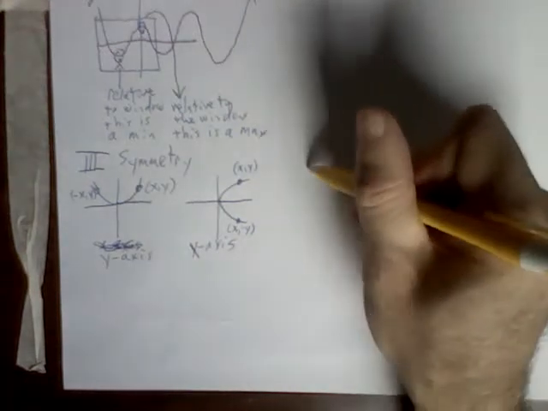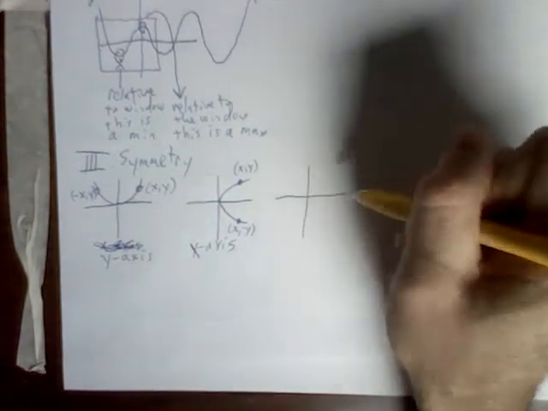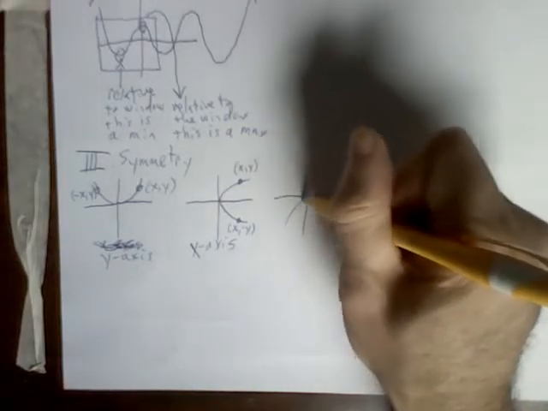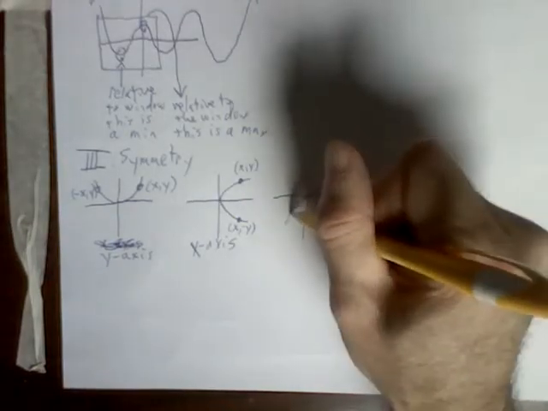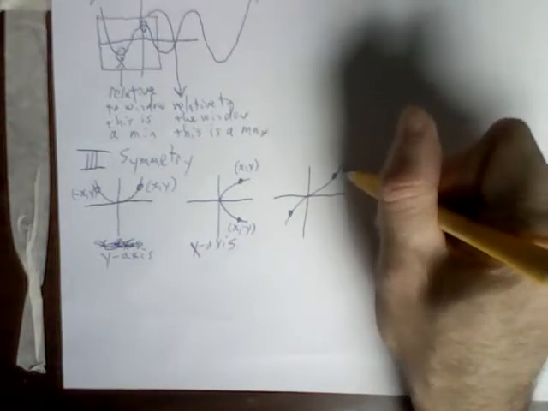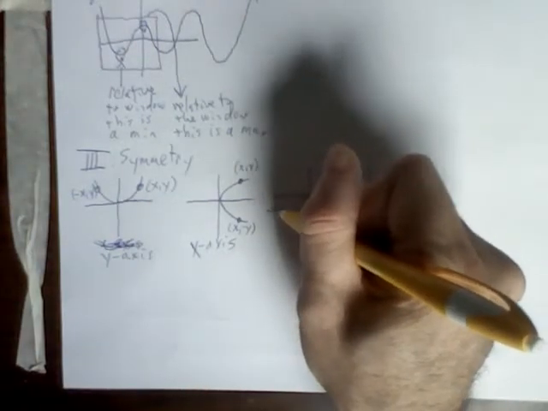And the final kind of symmetry is the origin symmetry, which we'll later call odd symmetry. Graphs like these have that kind of symmetry. In those cases, if the point x, y is on the graph, the point negative x, negative y is also on the graph.